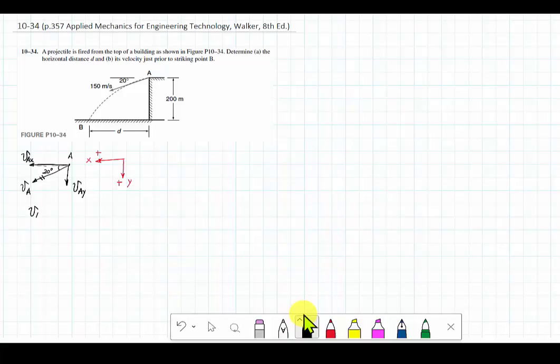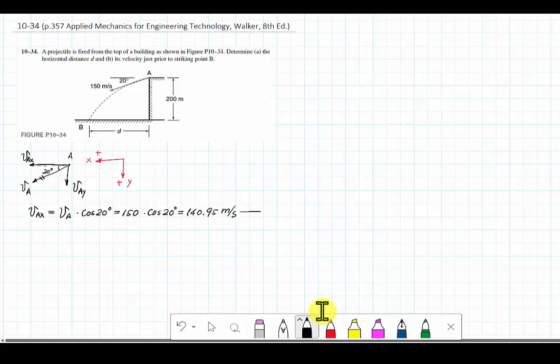VAX should equal VA times cos 20 degrees, and VA is 150 meters per second times cos 20 degrees. We're going to get 140.95 meters per second, and the direction is going to the left.